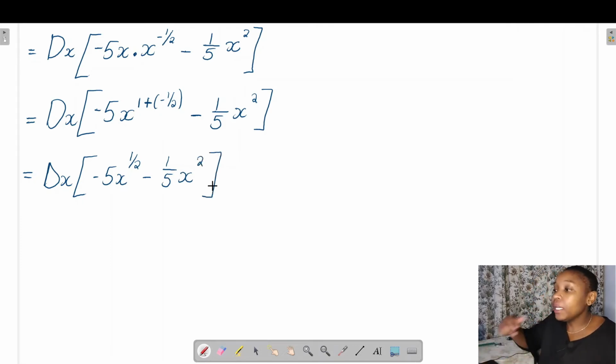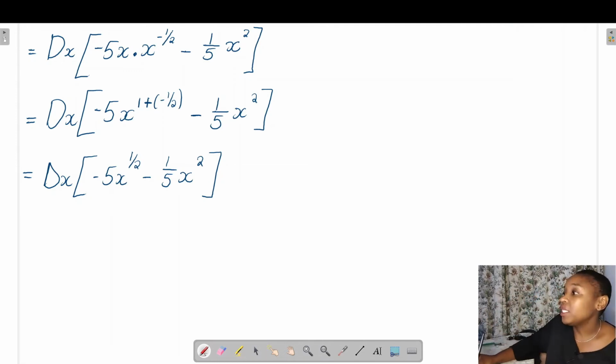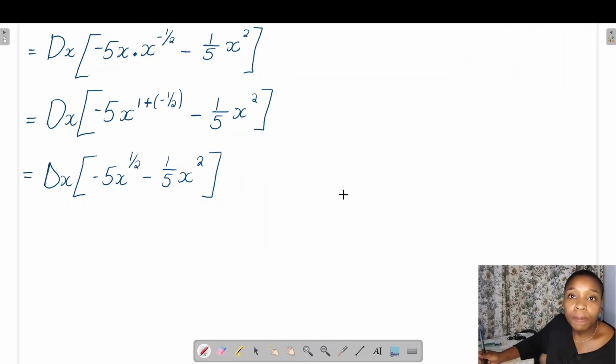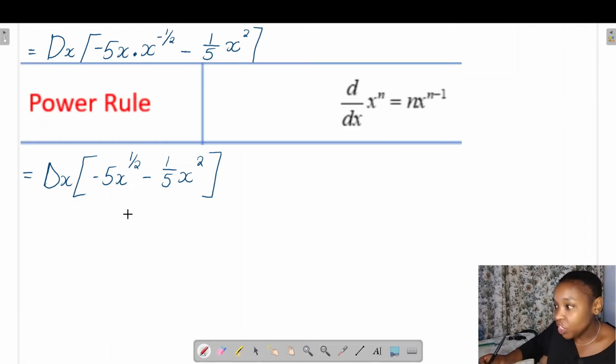So basically now we've done that first step where I say that you need to simplify your expression. We have simplified this expression. It doesn't get any simpler than this. Here, guys, we can now start differentiating using the rules of differentiation.